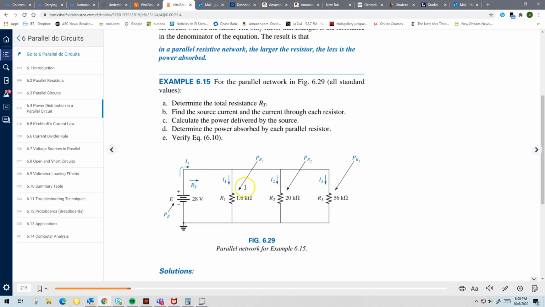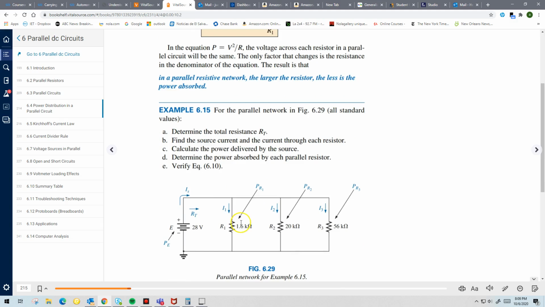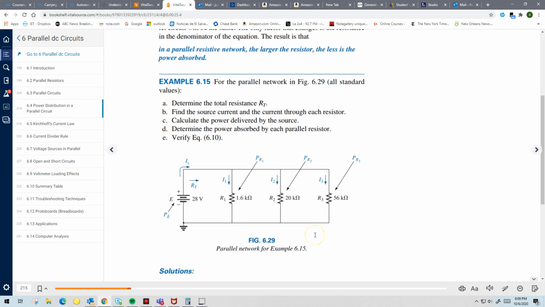And then for the individual powers, you can use either I squared R or V squared over R. You don't really know I1, but you can find it, but you really know V1, V2, and V3 are the same, so it'd be easier to just use V squared over R in each case. See? I already really solved the problem in my head without having to put any numbers in it. So again, get used to that approach. It's going to help you a long way.